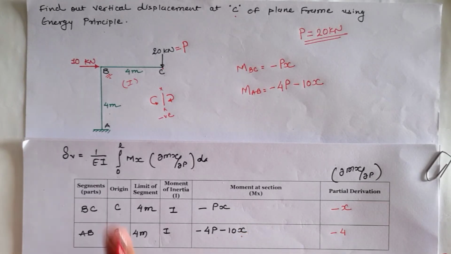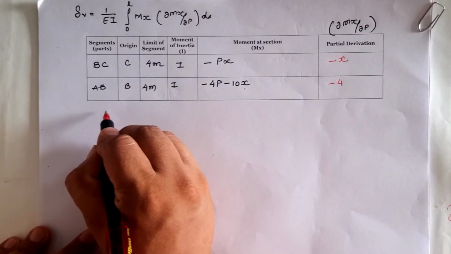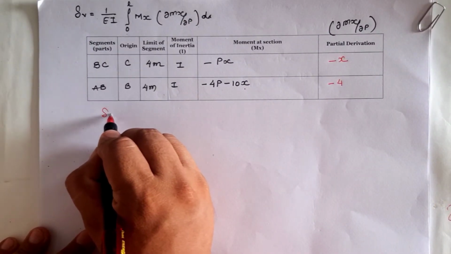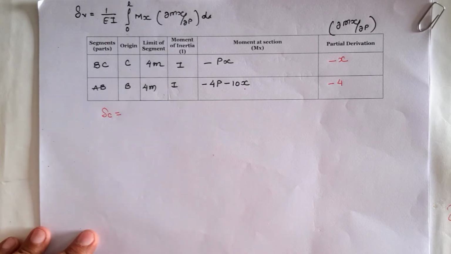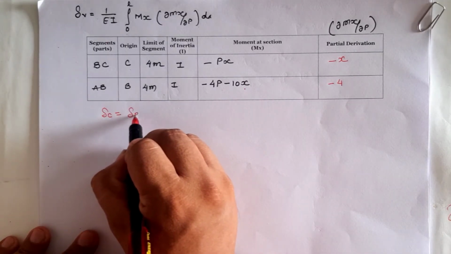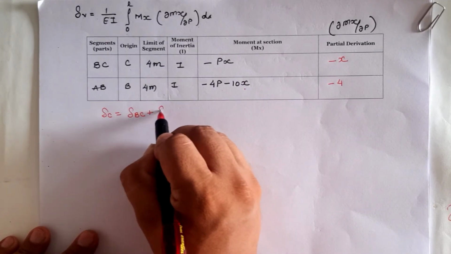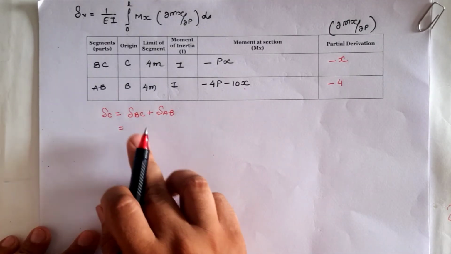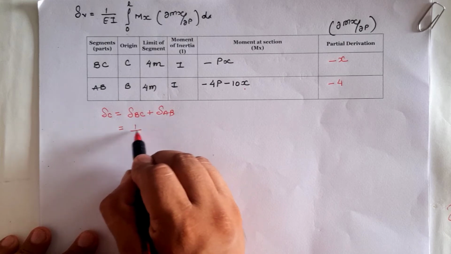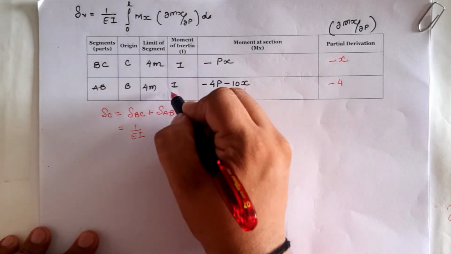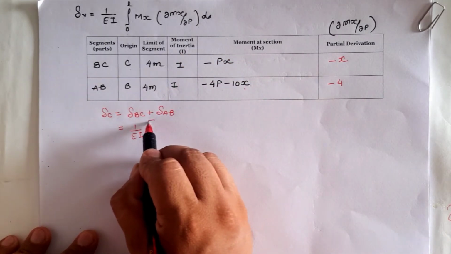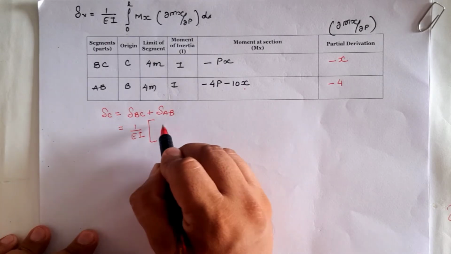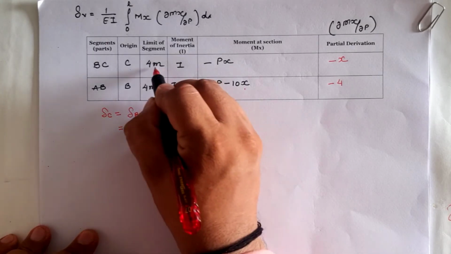Now going ahead with the calculation, the total delta at location C, or deflection at location C, is nothing but delta BC plus delta AB according to the superposition theorem. First, for delta BC it is 1 by EI, which is constant for both spans, and the integration limit is 0 to 4 meter.